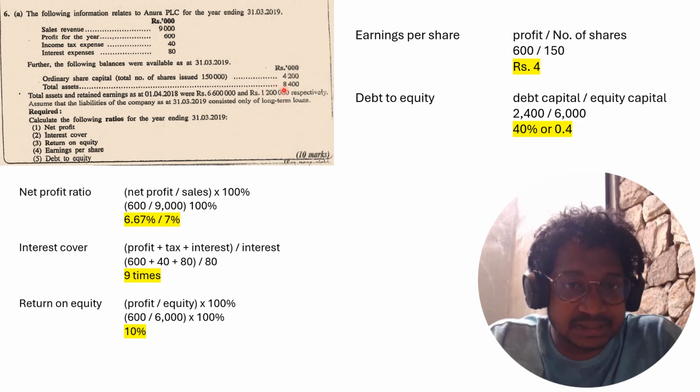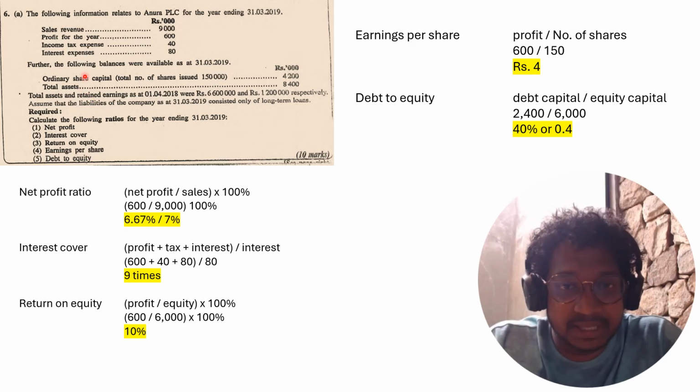Here, the ordinary share capital as at closing date is 4,200, and the total assets given here are 8,400. And here, the retained earnings as at opening date is given as 1,200. So 1,200 plus this year's profit, so the retained earnings as at closing date is 1,800. Now you can find out the equity. Equity means stated capital plus reserves.